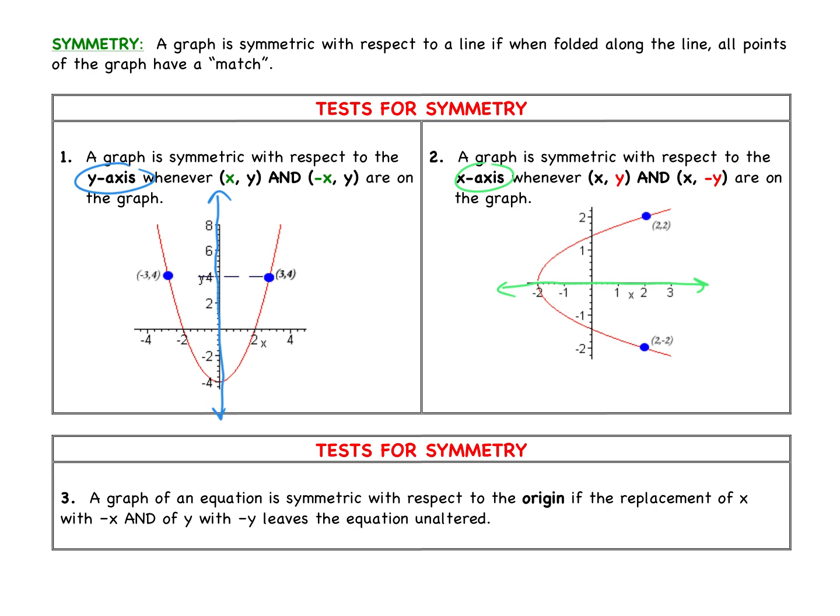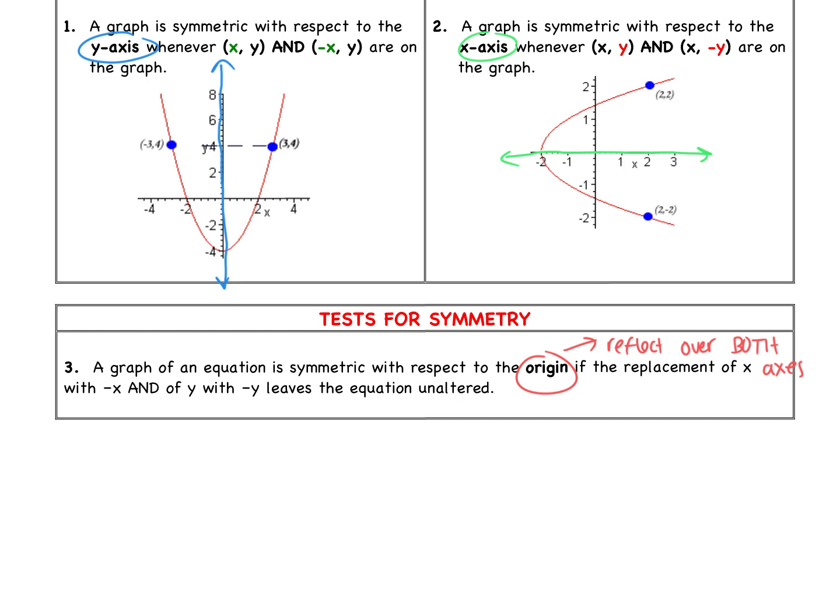Okay, last one. This one you're going to have to write down. Origin. If something is symmetric with respect to the origin, it is going to reflect over both axes. And I'm going to draw an example because there's not one here.